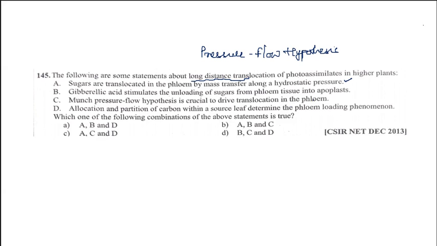We did not find any hormone playing a role in translocation. Munch pressure flow hypothesis is crucial to drive translocation in phloem. Yes, we studied that. Allocation and partition of carbon within the source leaf determine the phloem loading phenomena. Yes, correct. So option B is incorrect.